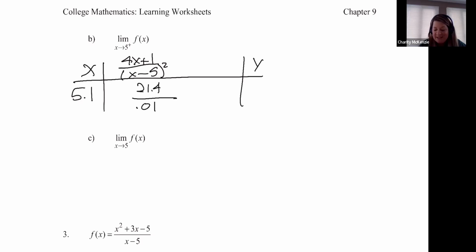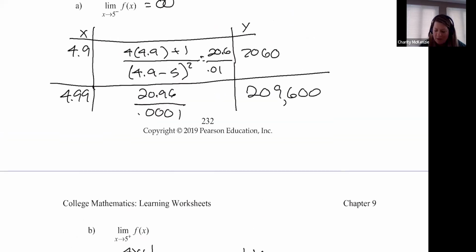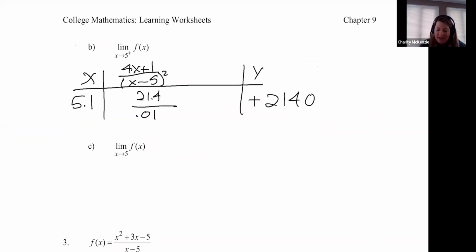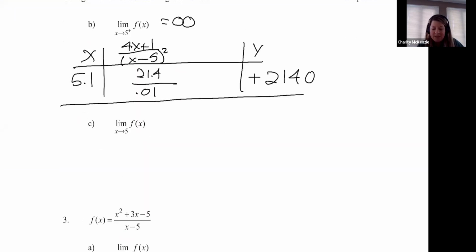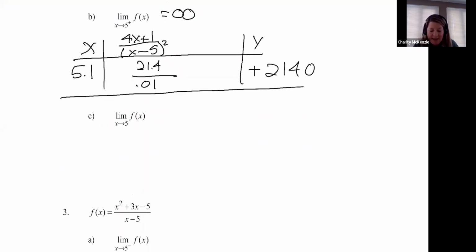So I can still see this is going to be a positive. So 21.4 divided by 0.01 is 2,140. Is that the same? I don't remember. No, it's a little different just from the numbers. So we can see that this is going to positive infinity as well. Okay, so what about the whole thing now? So we looked at the right side, the left side, and they were the same this time.